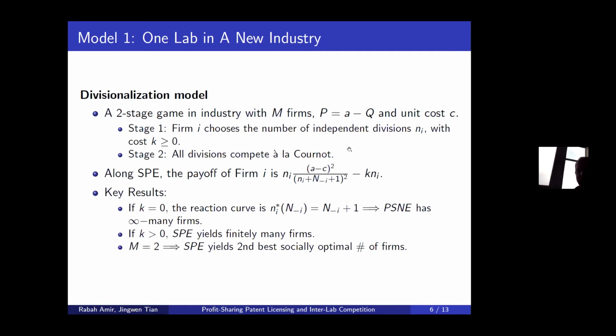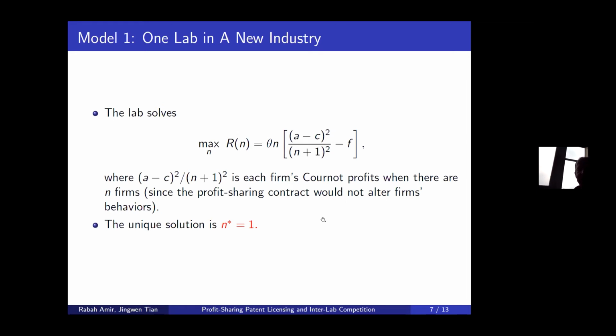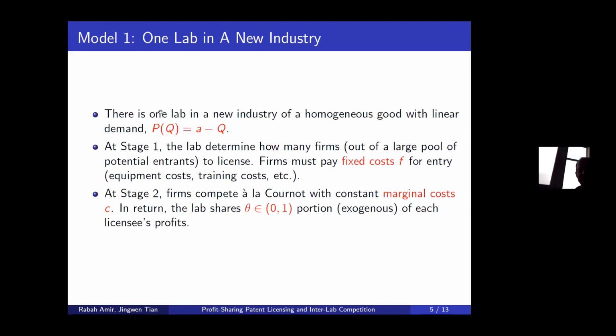So now let me go to the actual licensing setup. Theta is fixed; this is the equilibrium profit per firm when n firms are competing.